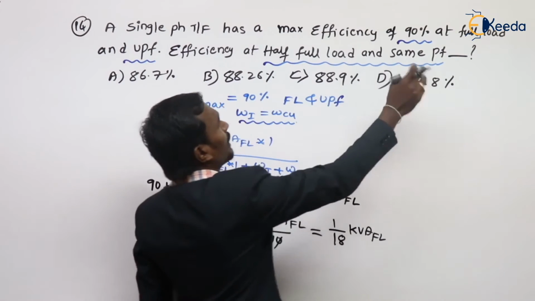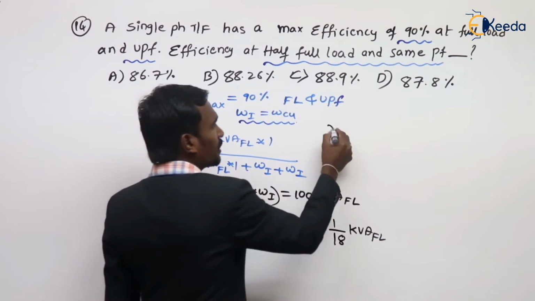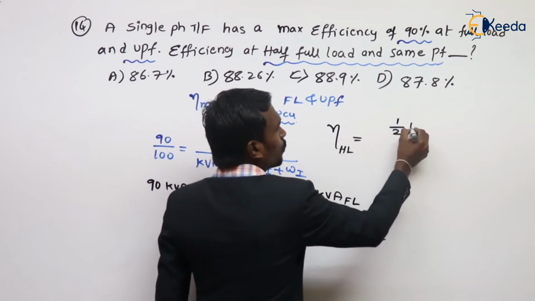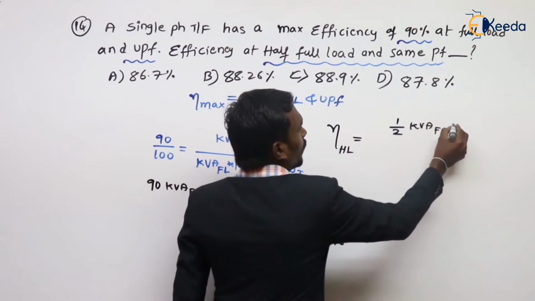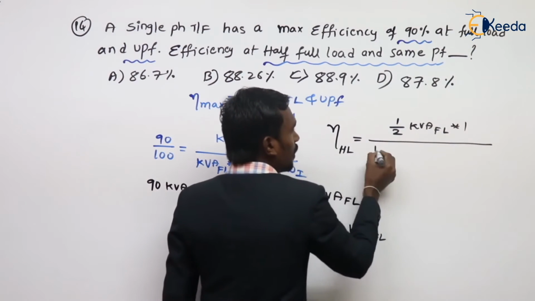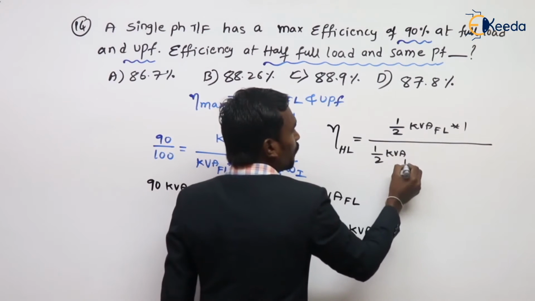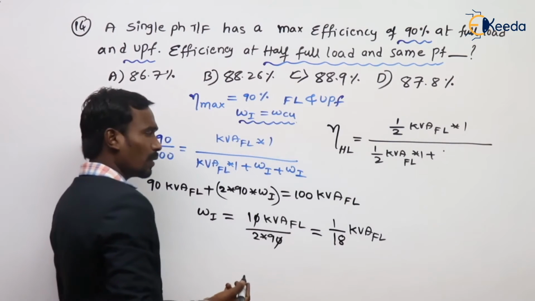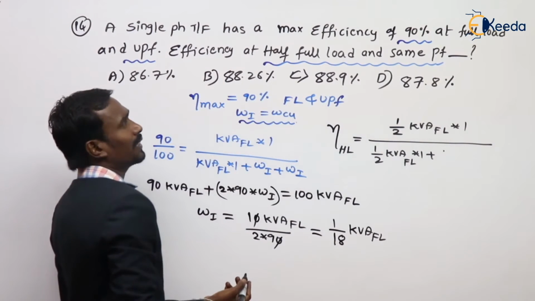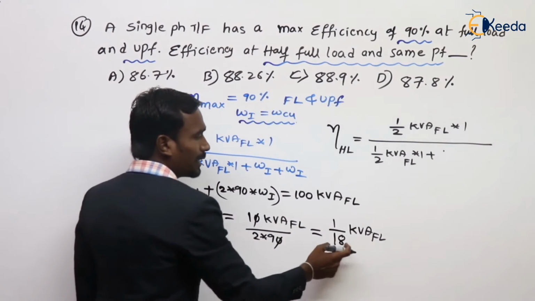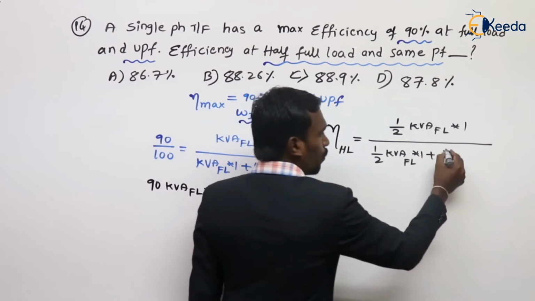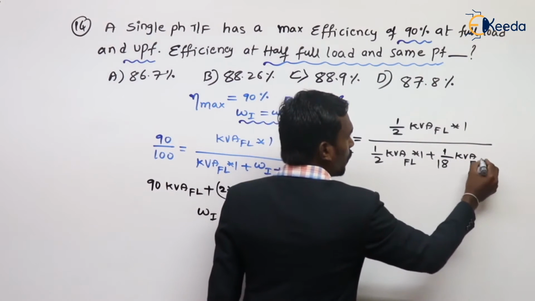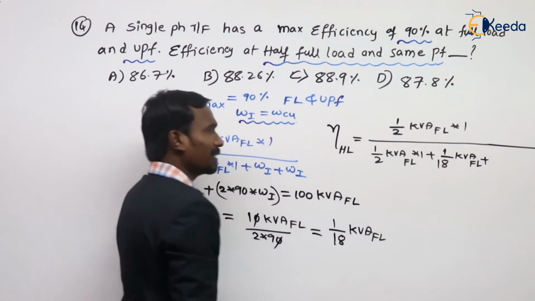Half full load and same power factor. Efficiency at half load is equal to half into kVA full load into power factor, upon half into kVA full load into power factor plus iron losses. The iron losses are 1 by 18 kVA full load, plus copper losses.